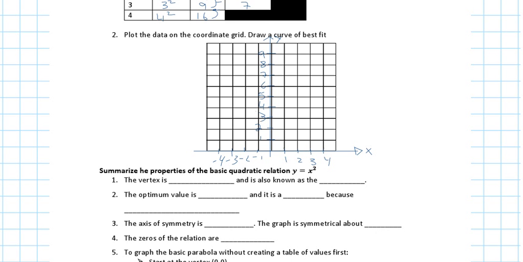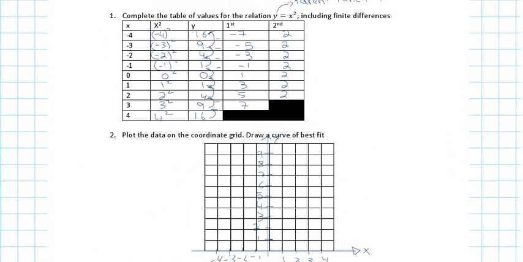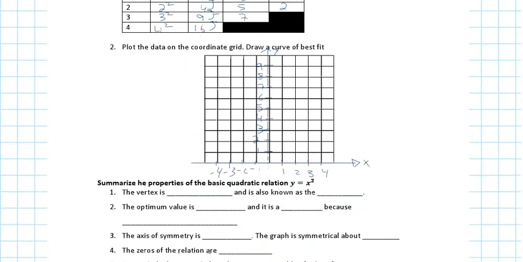So my first point was -4, 16. I can't fit that, so I'm going to move to -3, 9. So negative 3 and 9, that's my point. What's my second point?